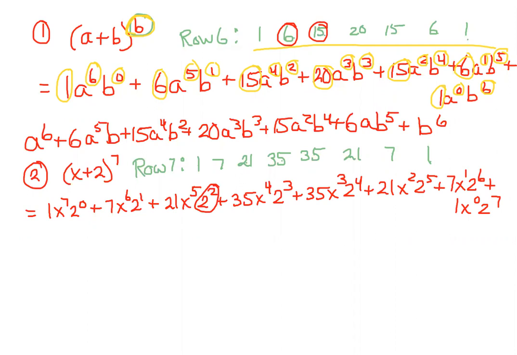So we would multiply that 4 times this 21, since they're not just variables. So let's simplify.